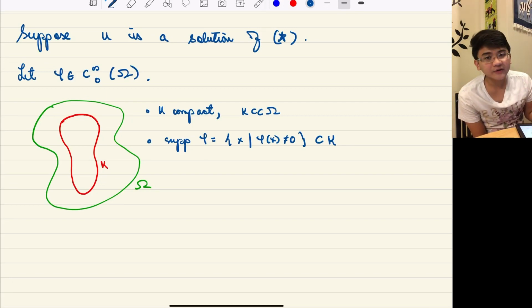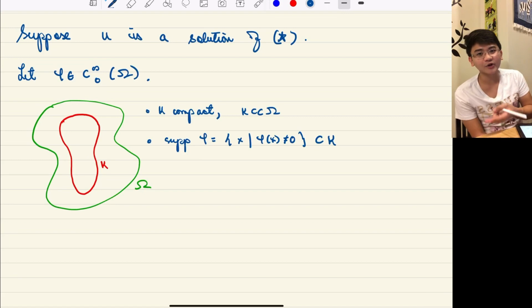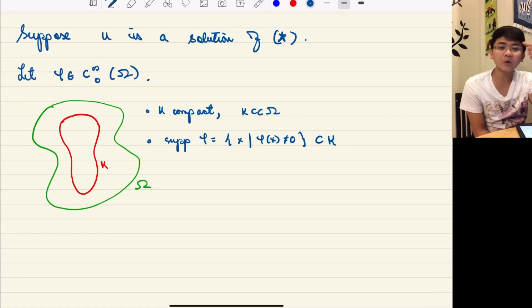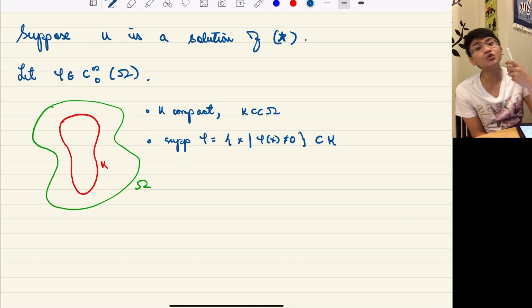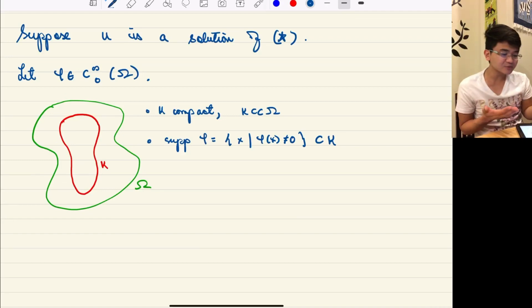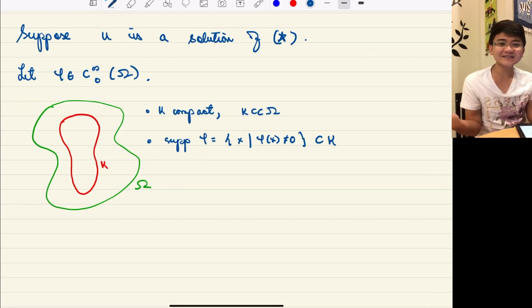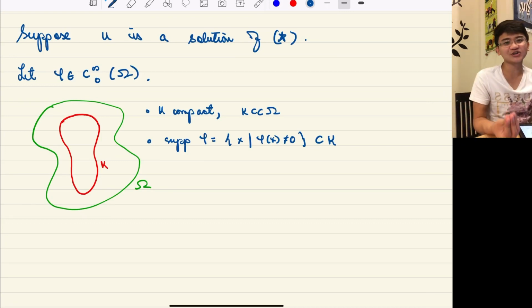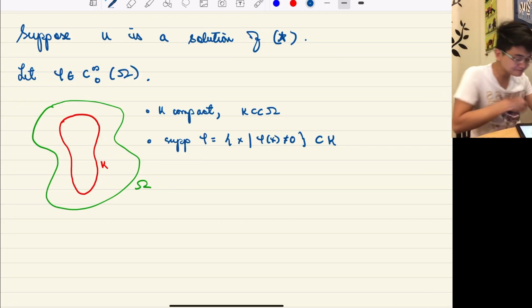So what we're going to do is multiply equation star by phi, and then do an integration by parts. So what are we trying to do here? We're trying to find some equation that U solves. So we start with the assumption that U is a solution to star. We're just asking, okay, what other equation would U possibly solve?